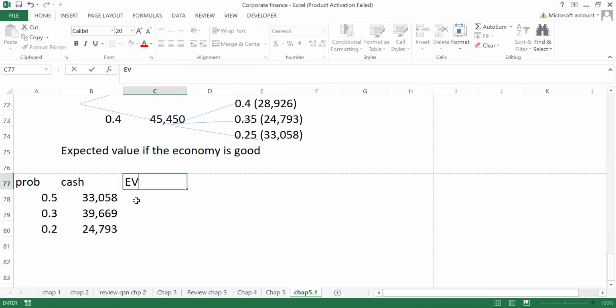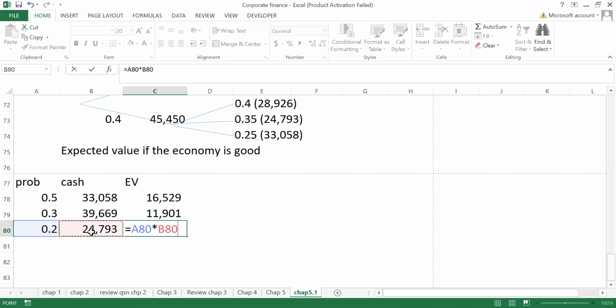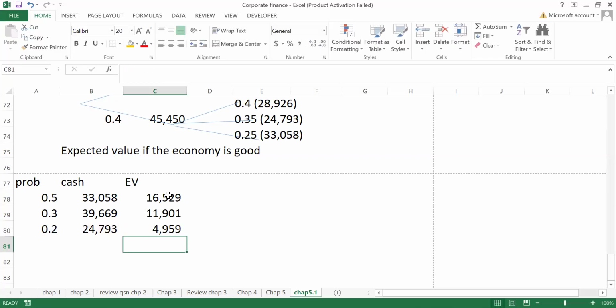Then expected value, as we said, you multiply this times this. So it is this times this, and it will be this times this. So the total here will be, that's the total.